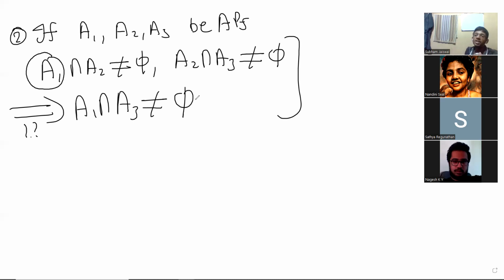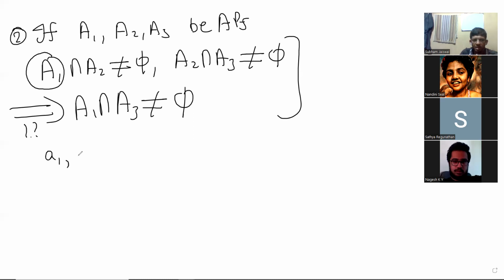So what do you think the answer should be? You see the second arithmetic progression intersects with the first and the third, right? That's what we are getting.